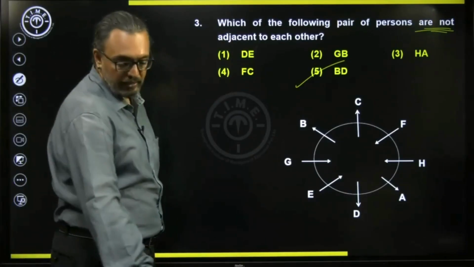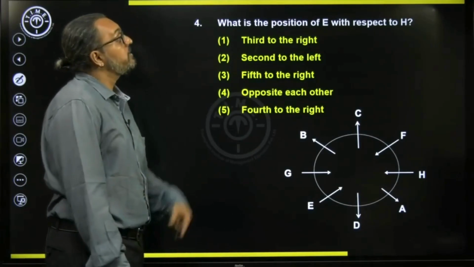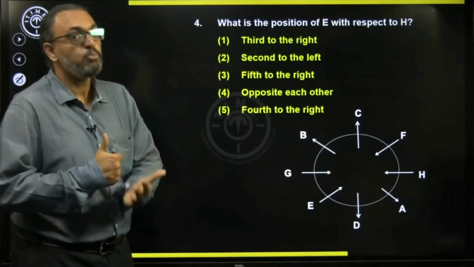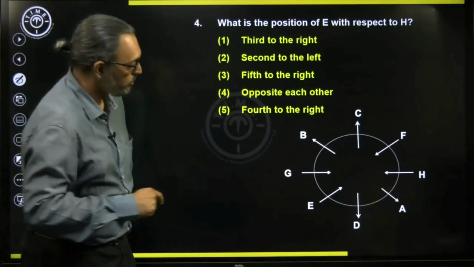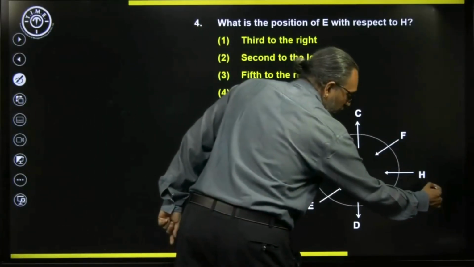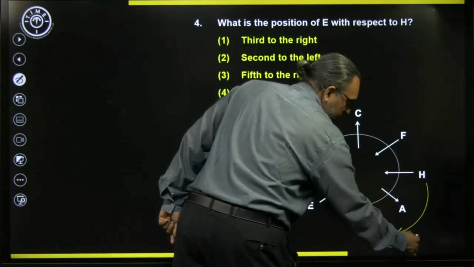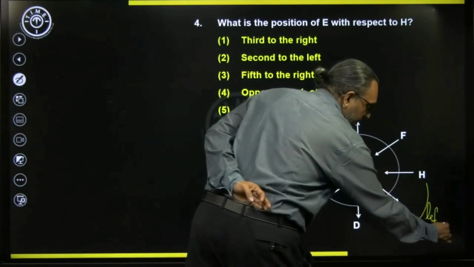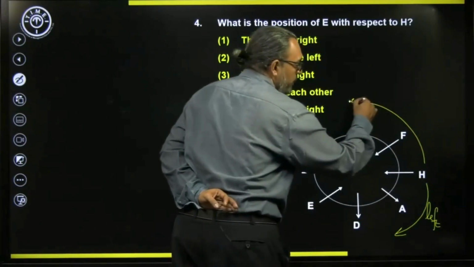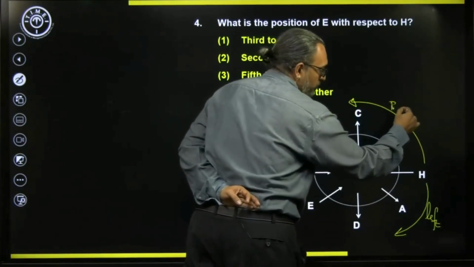Right. Then what is the position of E? So he is asking what is the position of E. So from the other person you check. So from H we need to check. So from H you can either go to the clockwise direction, which will become the left side, or you can also go to the anti-clockwise direction, which will become the right side.